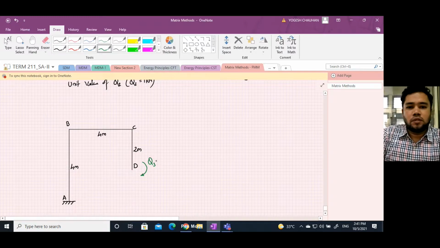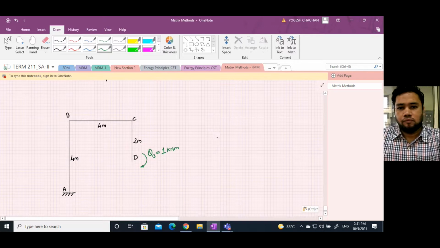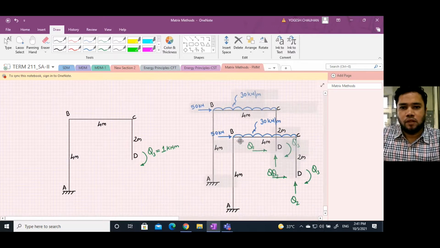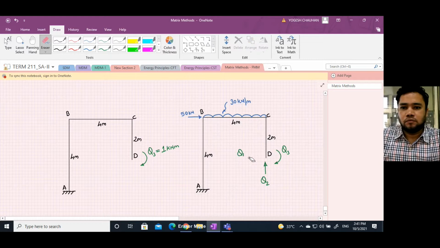We take Q3 equals to 1 kilonewton meter moment, and we draw the bending moment diagram for that.